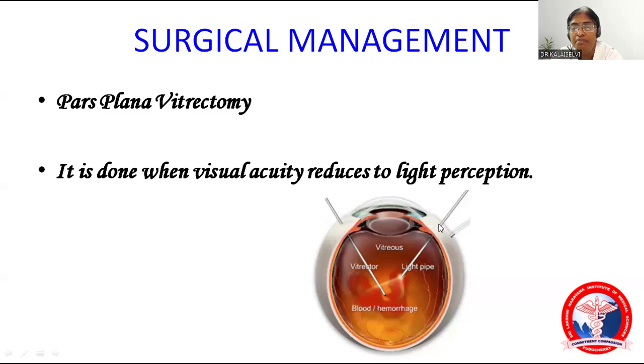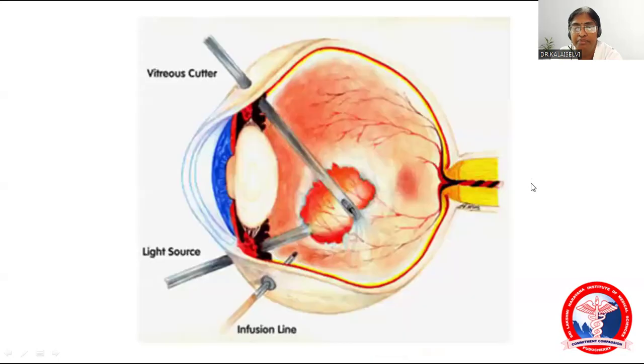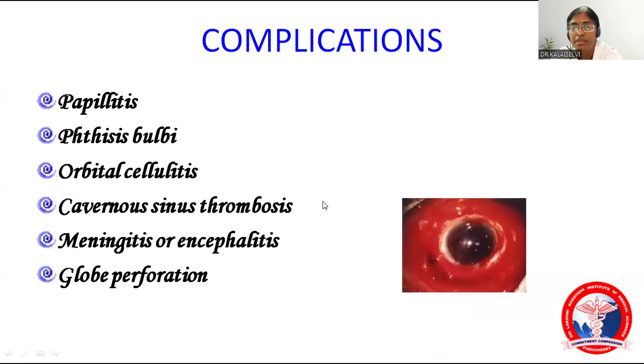It is advised when there is only PL perception. Coming to complications, you can have panophthalmitis, and the infection can spread to orbital cellulitis and to cavernous sinus thrombosis.